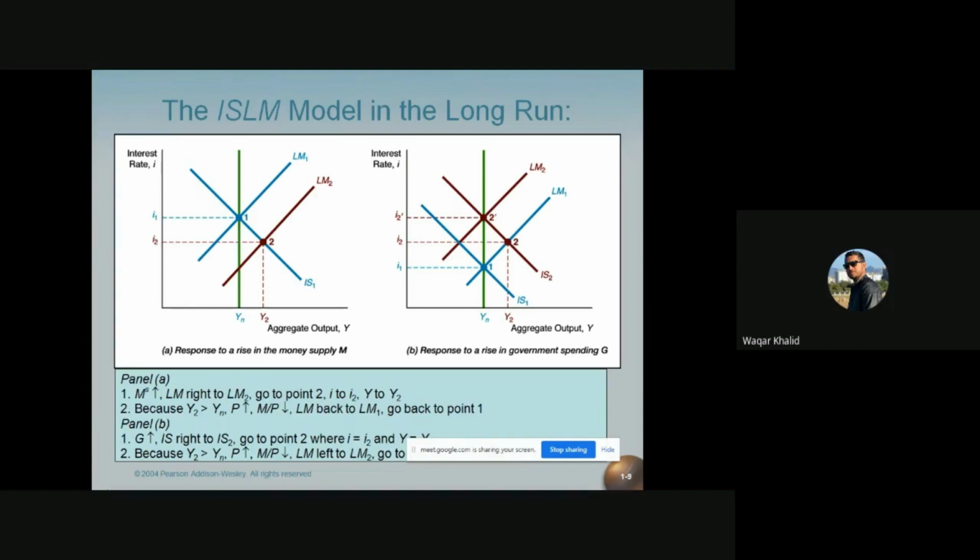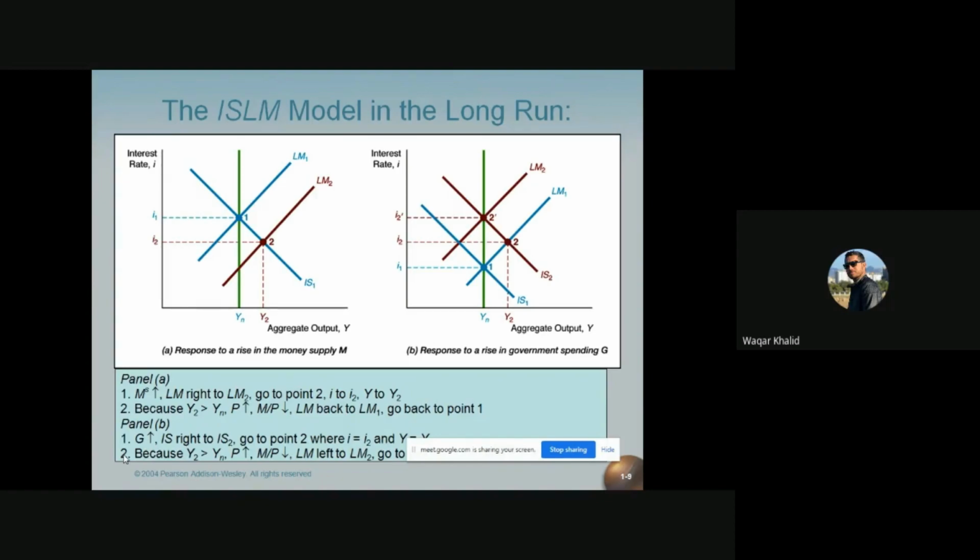Y2 is greater than Yn, so the output level is above the natural level of output. If this is the case, the booming economy will cause prices to rise.